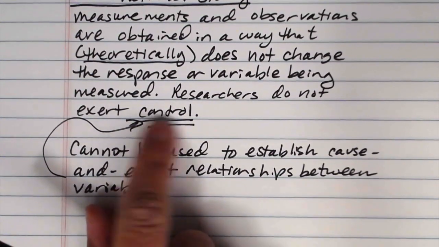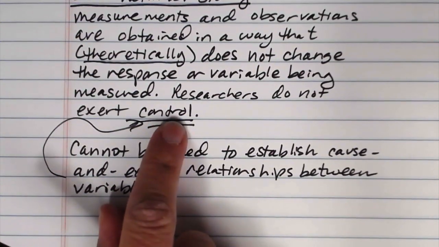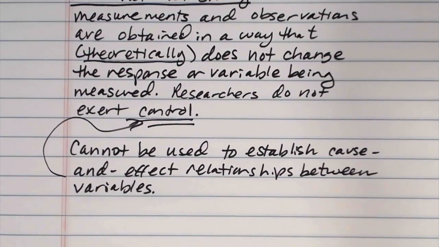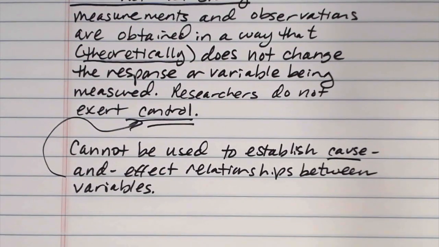I didn't make any attempts to control any of those variables. I just observed and recorded. So observational studies can't be used to establish cause and effect relationships between variables. We can simply see that there might be a relationship, but we can't say that it's causal. Okay. Designed experiments, by contrast, are very different.